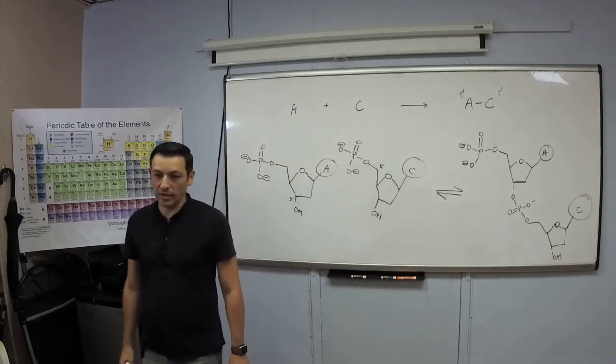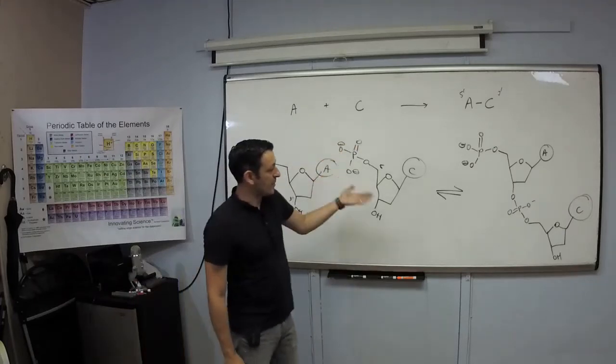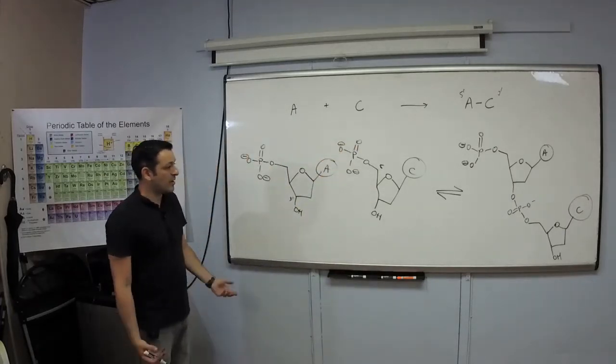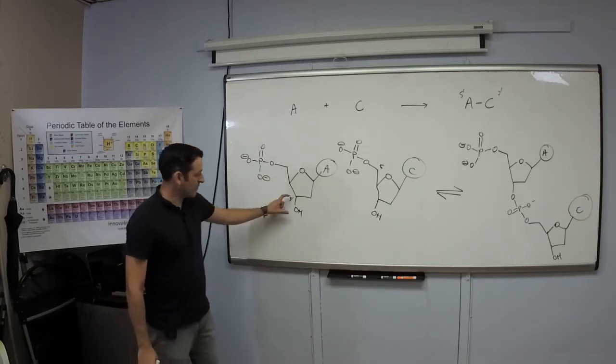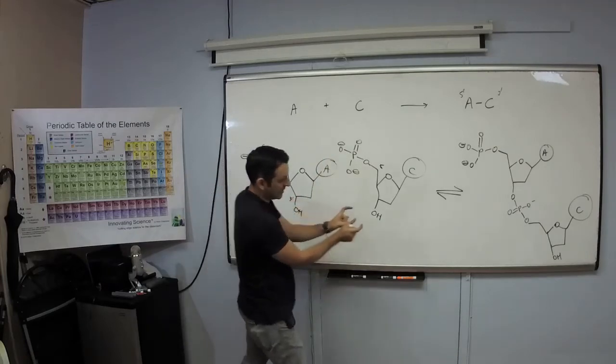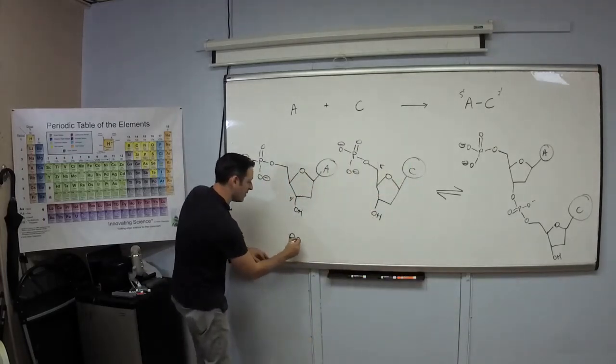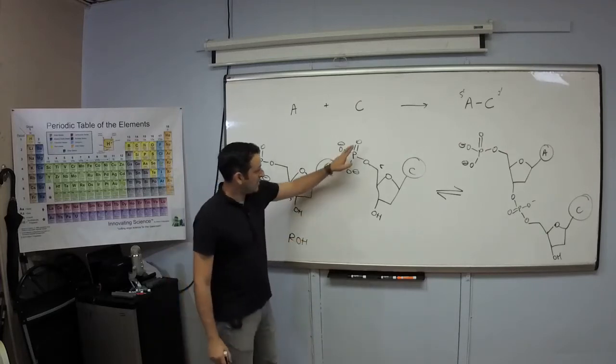What is the direction of the equilibrium? Because I put that arrow over there, but what's the direction of the equilibrium? Where am I making a bond? I'm making a bond from this kind of a group to that kind of a group, connecting them, and here's the bond. What is it? We could summarize this as an alcohol. And look at what this is.